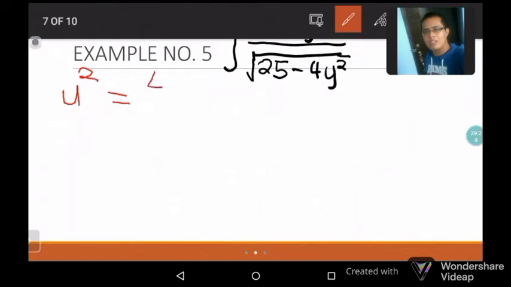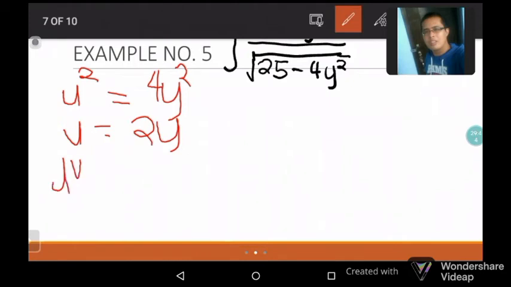Of course, dahil calculus to, syempre meron tayong du dapat. Okay, so don't forget that. That's 2 dy. So to get dy in the denominator, divide both sides by 2. Mag-cancel lang 2 dito.